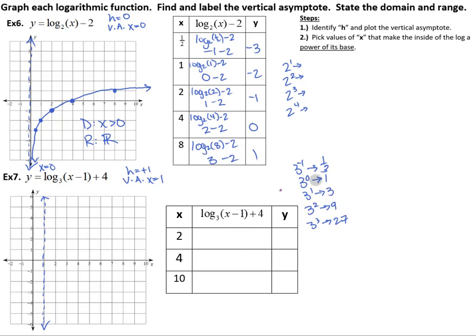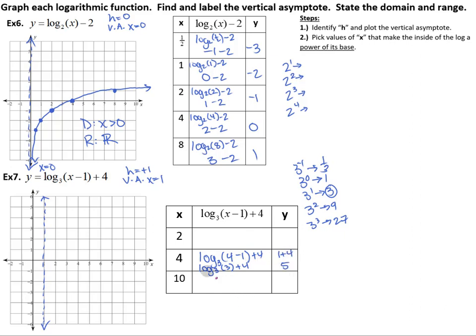So what minus 1 would give me, let's start with, say, 3. 4 would work, right? Certainly, 4 minus 1. So log base 3 of 4 minus 1 plus 4 is the log base 3 of 3 plus 4, which is the same as 1 plus 4 or 5.